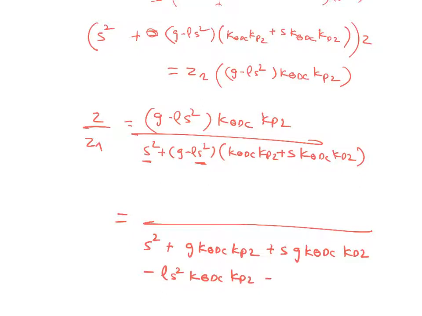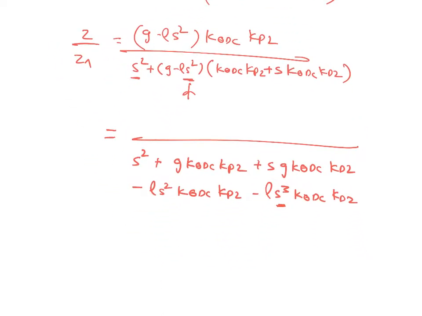minus L S cube. So see the issue here, somehow the transfer function was like that, and we got an S cube term here, because we're multiplying L S square here, L S cube K theta DC and KDZ, right?